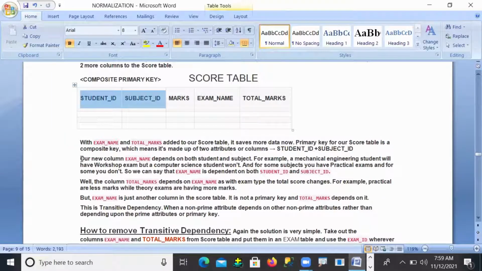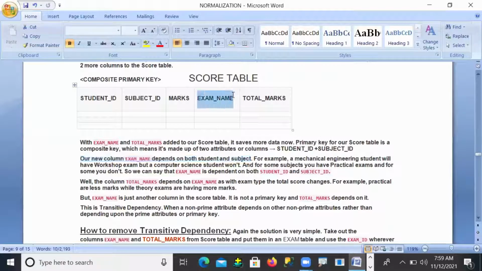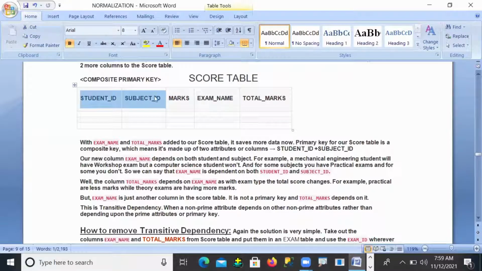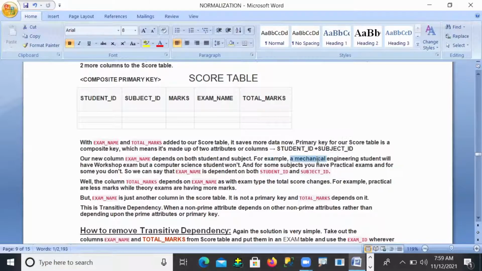Right. So our new column, examination name, depends on both the student and subject. Of course, this examination name column depends on student ID and subject ID. For example, a mechanical engineering student will have a workshop exam, but a computer science student won't.